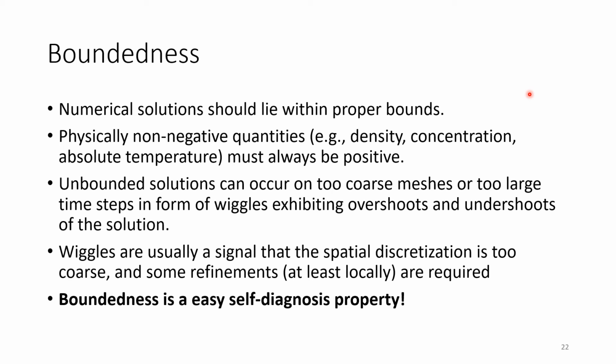So there is no physical reason that I should have temperatures less than 10 degrees, because I'm not cooling, I'm heating. So temperature should rise, not drop. However, if my solution is not bounded, as in this unstable simulation, it means it could have values less than my physical boundaries, right?